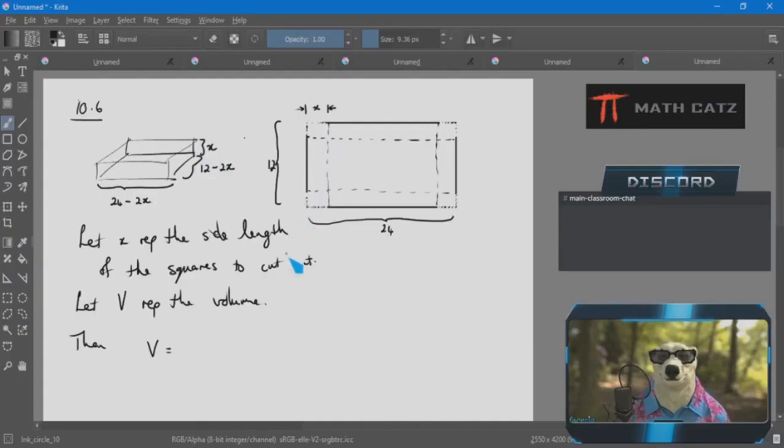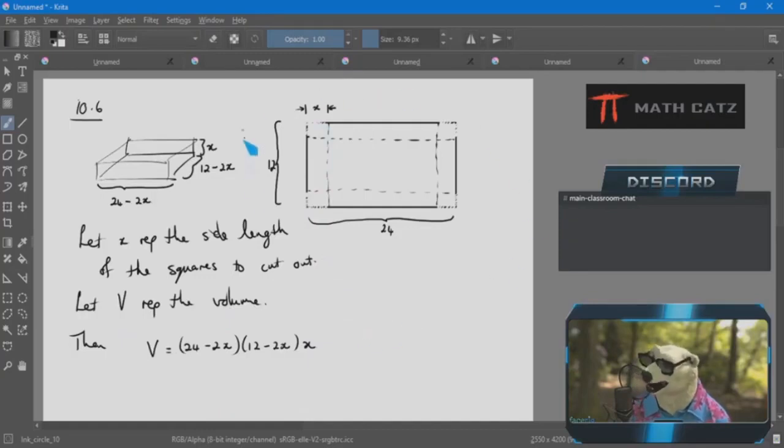It's going to be the depth of the box. So the volume is then going to be 24 minus 2x times 12 minus 2x times x. And I'll simplify that when I need to. I don't care about right now. I just want to have a calculation, a volume function that all depends on how much I cut out.